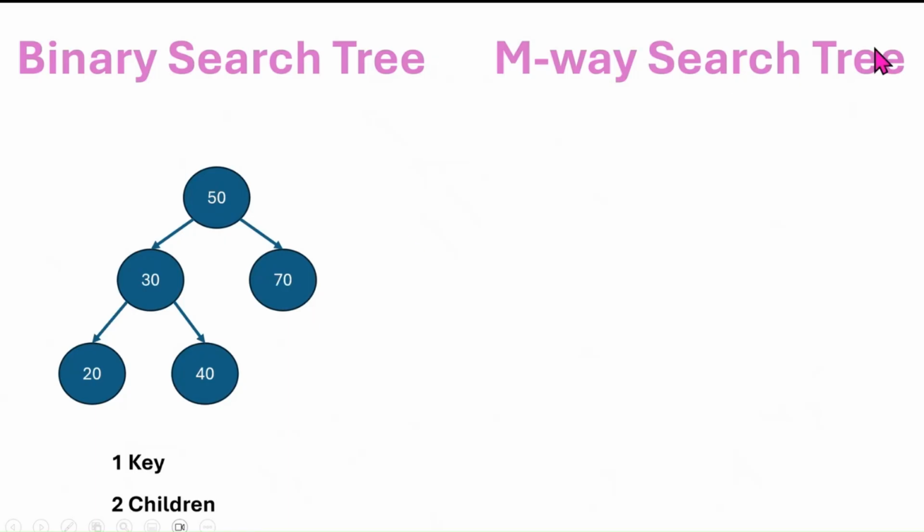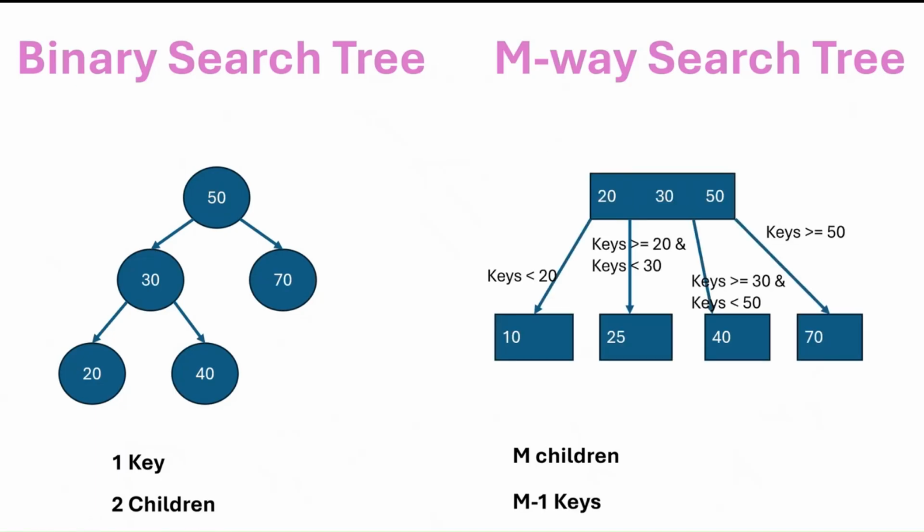In an M-way search tree, it stores M children, because here it is two children, that's why it is called binary. So here it stores M children, that's why it is called an M-way search tree, and M minus one keys like this.